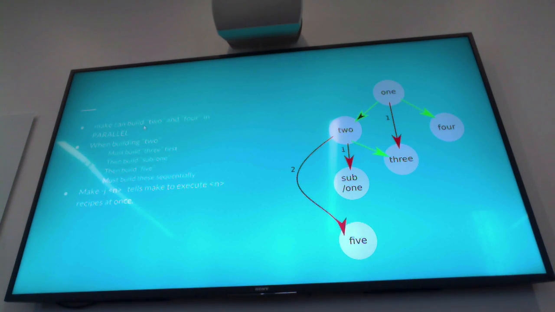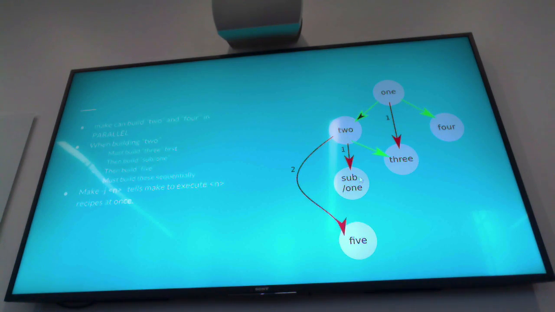Yeah, I'm sorry, is the ordering of the arrows flipped? So 3 happens before 2. So the green arrow means happens before. Or sorry, depends on. Green arrow means depends on. And the red arrow means happens before, because 2 happens before sub 1. Well, no, sorry. The sub directories are built as part of 2.